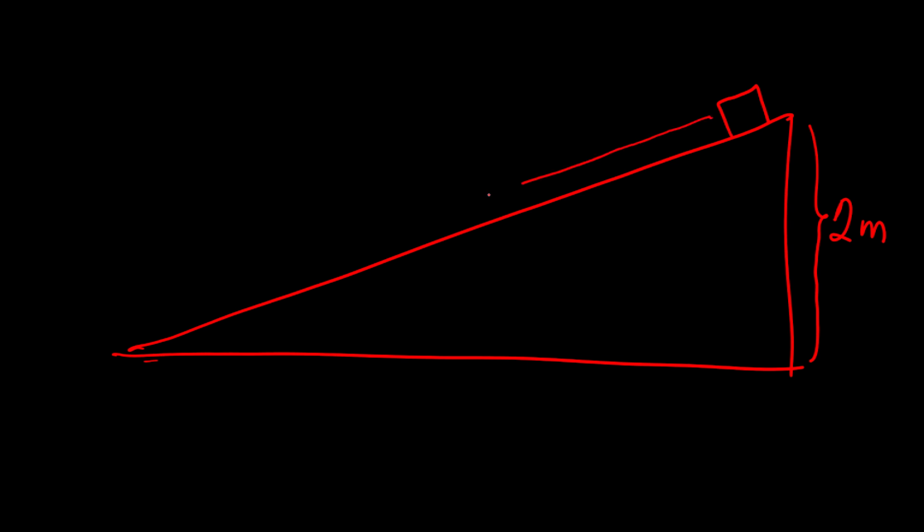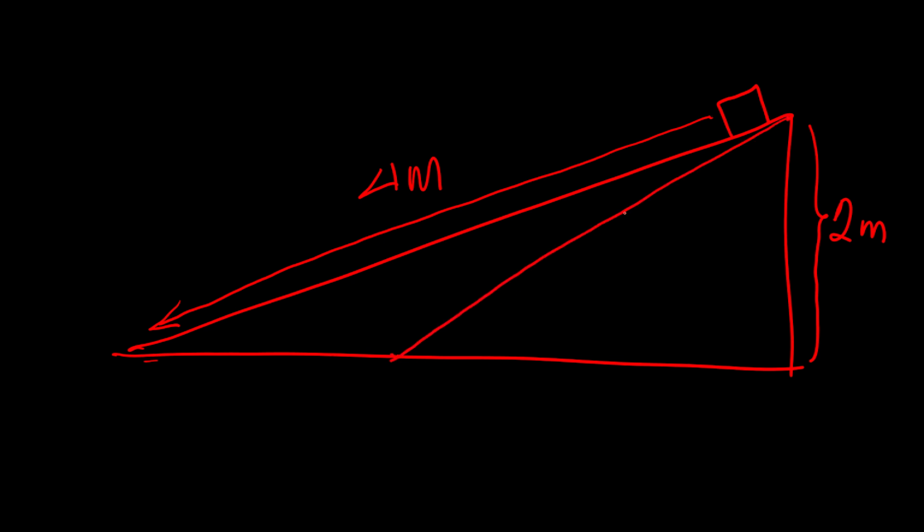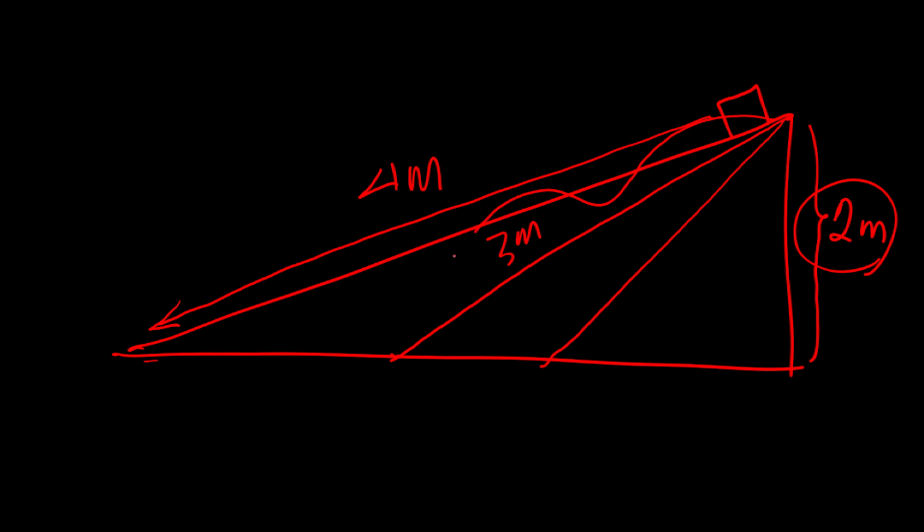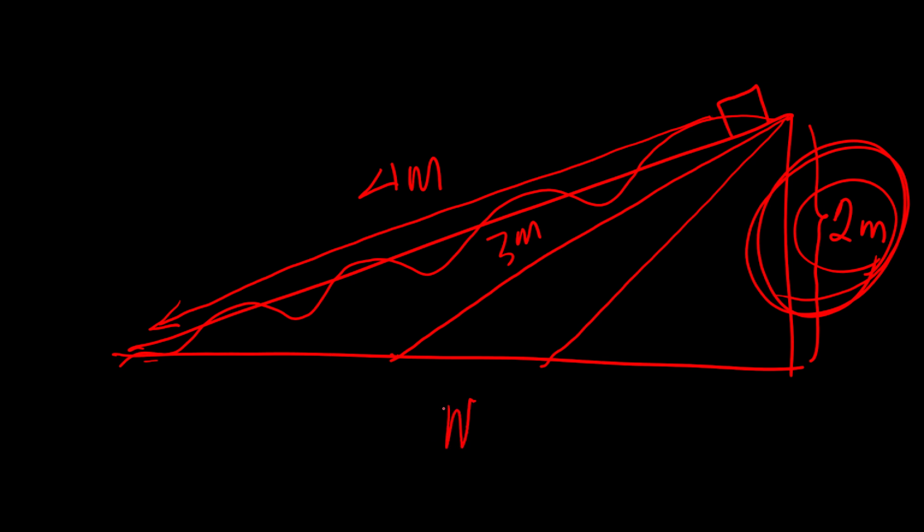But here the object can go on the ramp for 4 meters, or maybe it may have a steeper ramp for 3 meters, but same vertical displacement, or this ramp, or even this very crazy path. All of them will have the same vertical displacement. So keep in mind that always we say the work done by gravity is mg times delta h. The net vertical displacement is totally independent of the path.